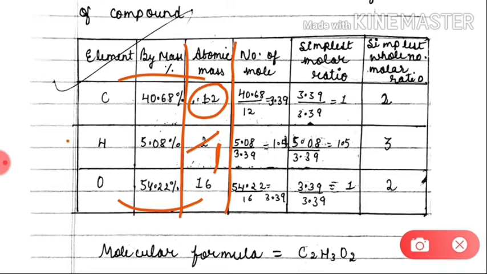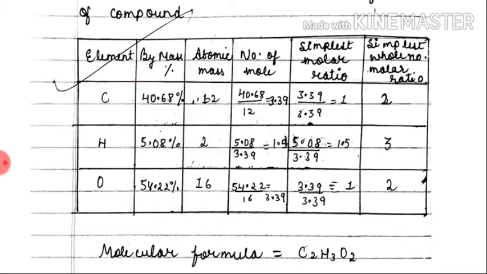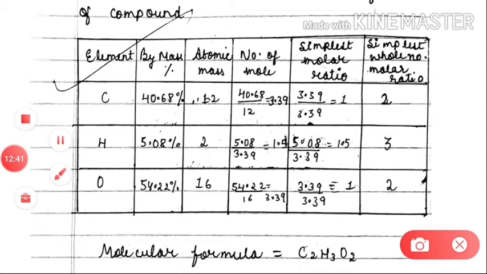Number of moles, how do we calculate? Mass upon atomic mass. This comes 40.68 upon 12, and that is equal to 3.39. Here it will come 5.08 upon 1.